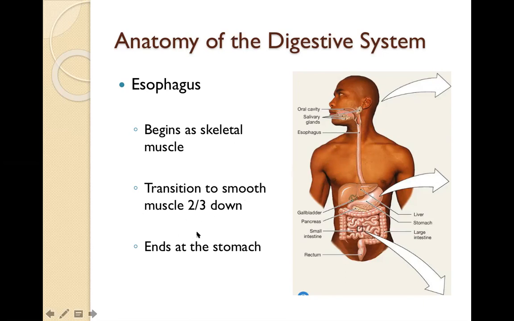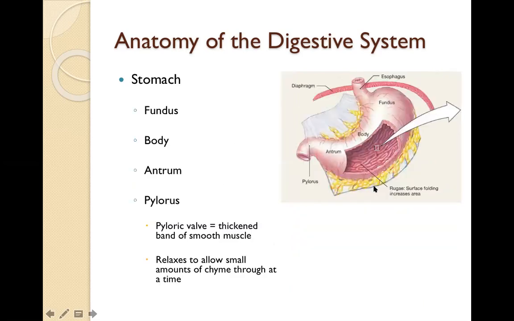And the esophagus ends at the stomach. So the level of the stomach is where the esophagus ends. And so here's a look at the stomach. The esophagus ends at a sphincter. So there is a circular region of smooth muscle that closes off the contents of the stomach from the contents of the esophagus.